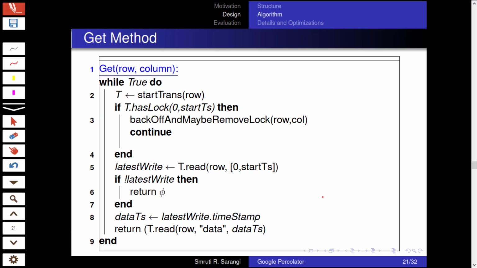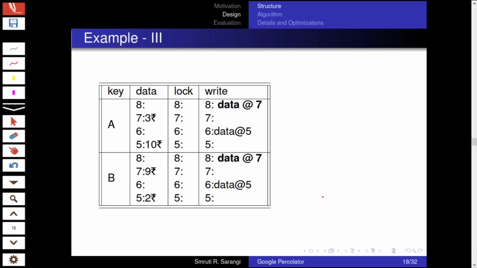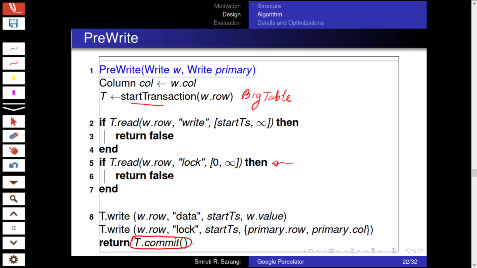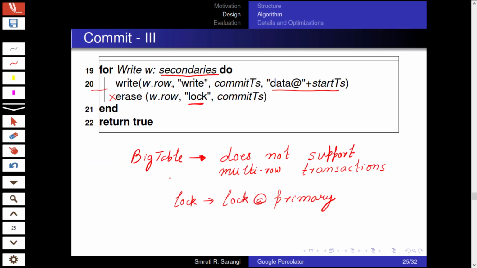I can give an example with the code we had here. If you can see, the lock is basically saying that the primary is at A. So just in case any of these threads fail in the middle, we will at least get to know who holds the parent lock. We can go to the primary.